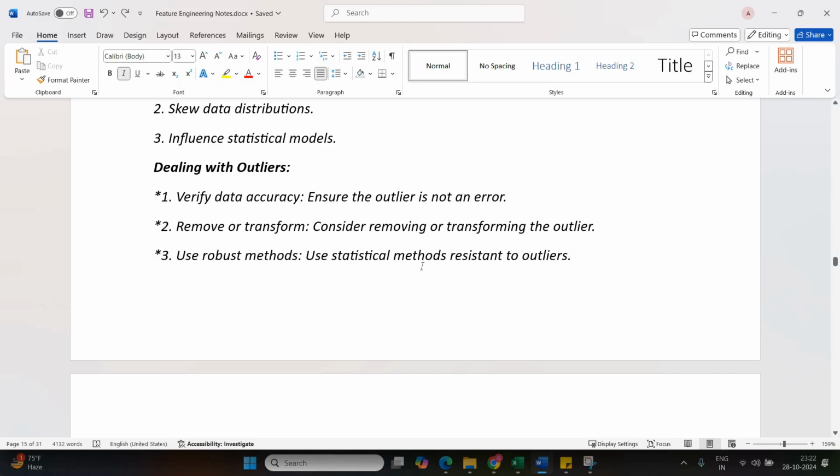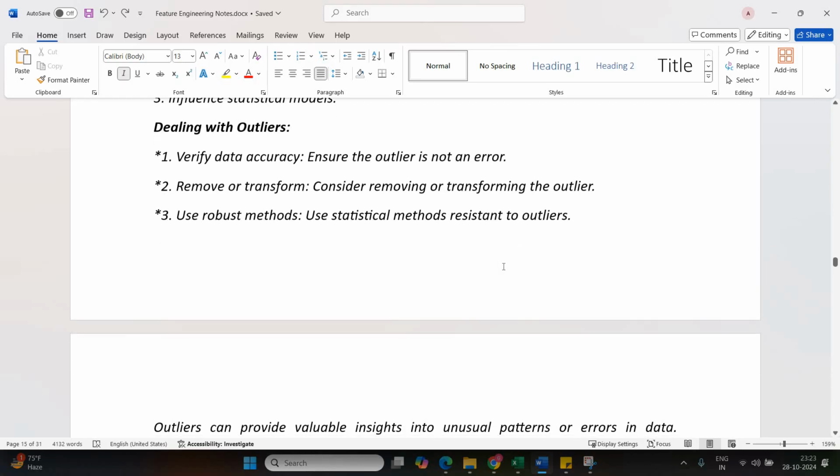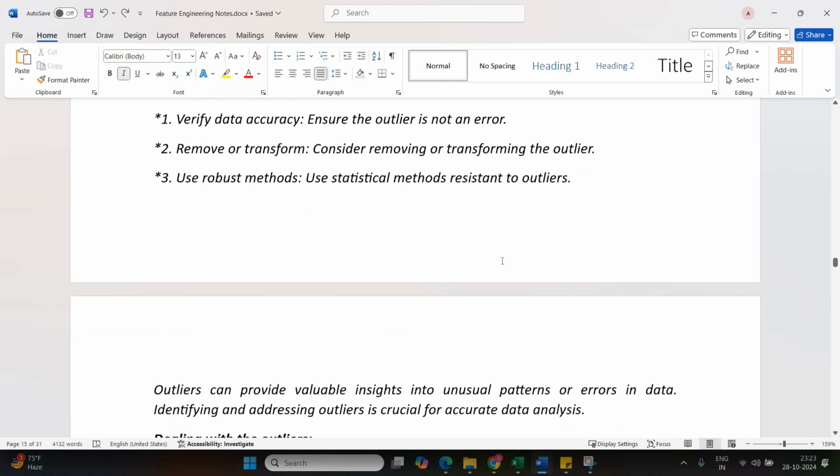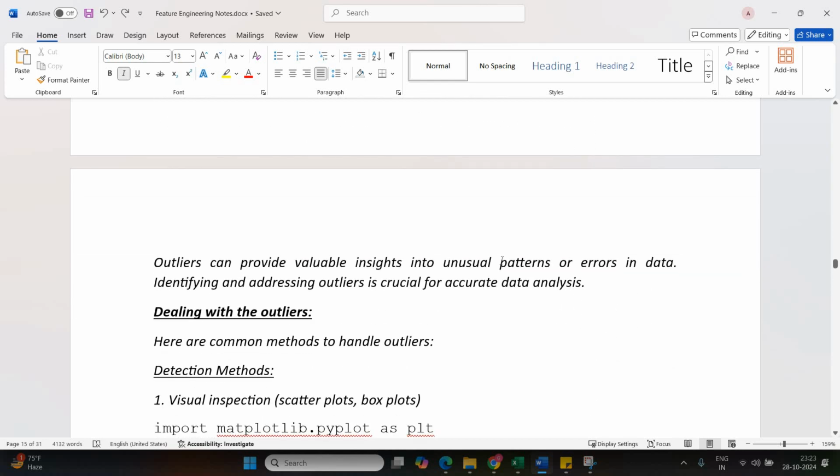So the robust methods tell you that this is data which is an outlier, and this is something that should not be with you. They cannot accept data points which are outliers.